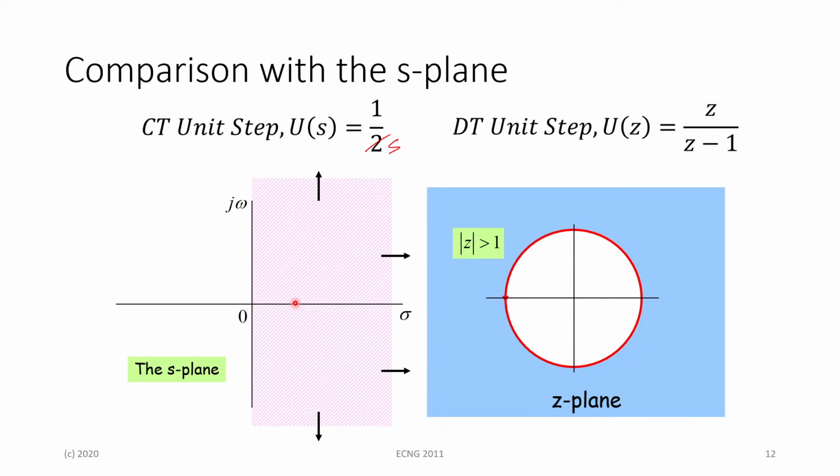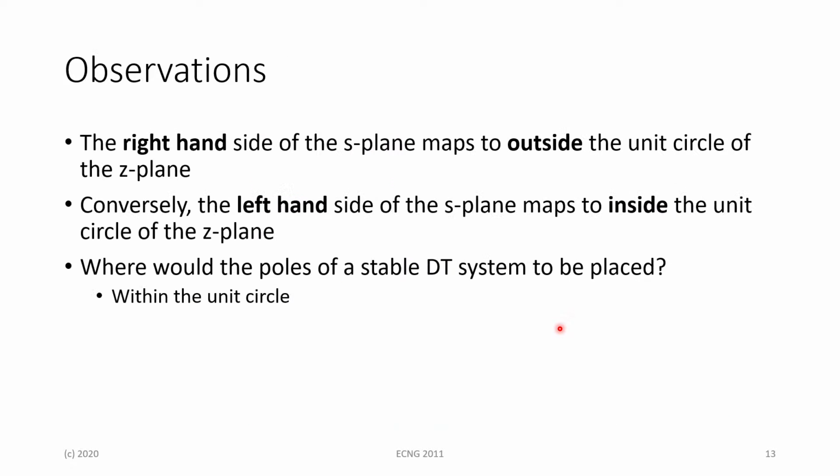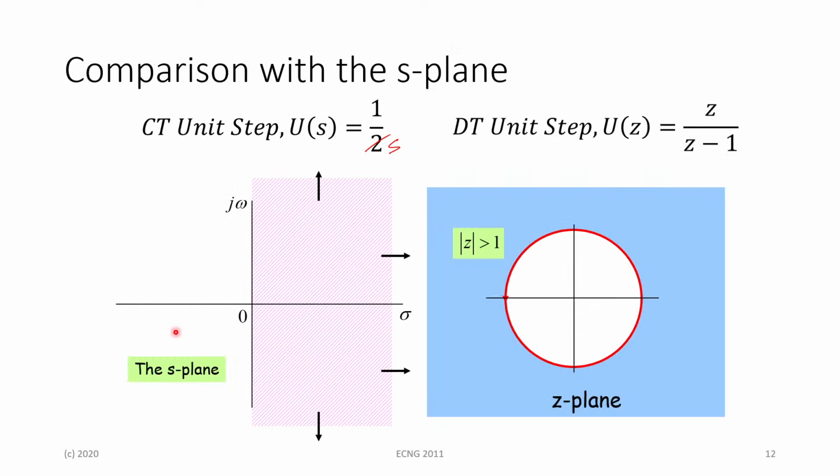So let's say, for instance, we had a stable system where the left hand side of the S-plane is shaded, which maps to the inside of the unit circle being shaded accordingly. For a stable system, as we saw in our Routh-Hurwitz criterion lecture, once the left hand side of the S-plane is occupied, meaning all the poles are on the left hand side, that represents stability of our system.